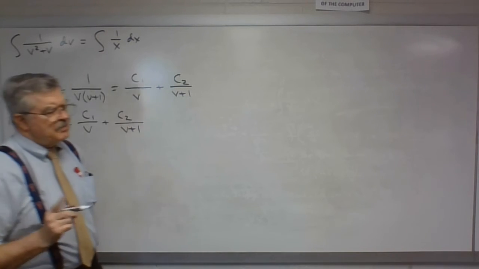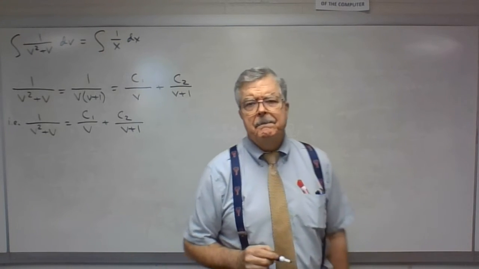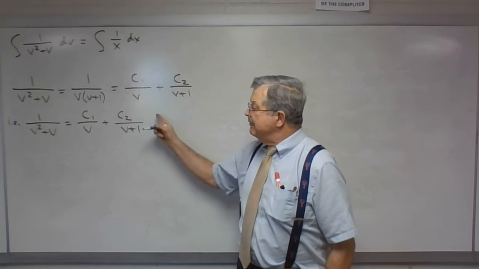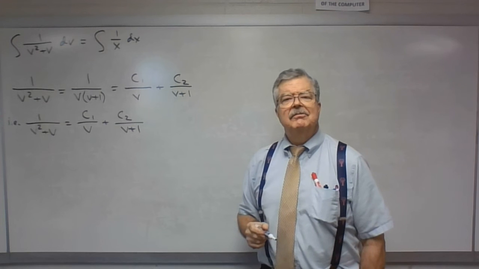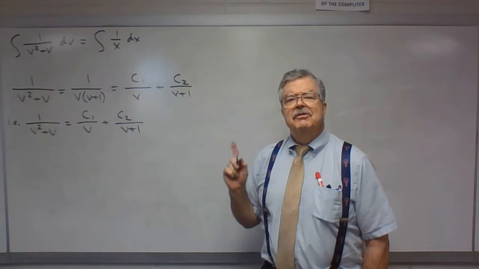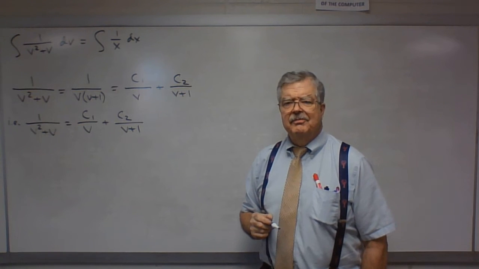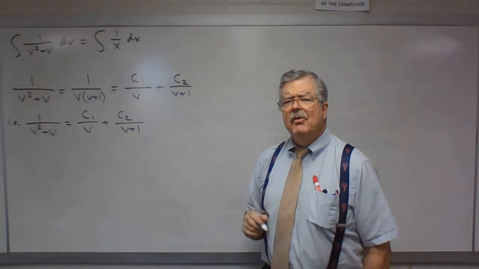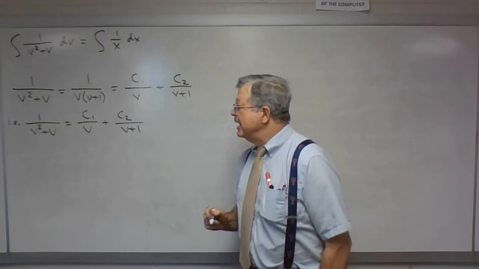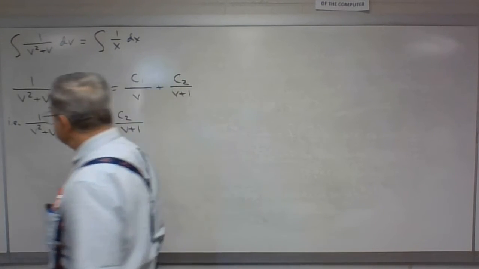Okay, what do I do now? I solve for C1 and C2 using judicious choices of V. And before I do that, I'm going to have to multiply both sides by the denominator.